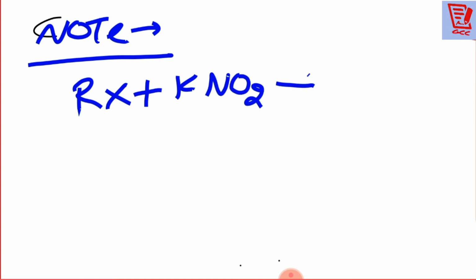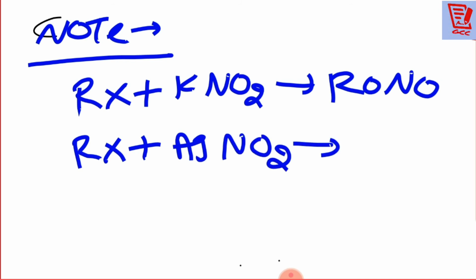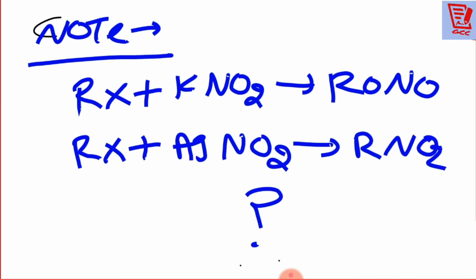That when RX is treated with KNO2, what are we getting? RONO, alkyl nitrite. But when RX is treated with AgNO2, what are we getting? We are getting RNO2. The question is why? That only I am going to explain now.